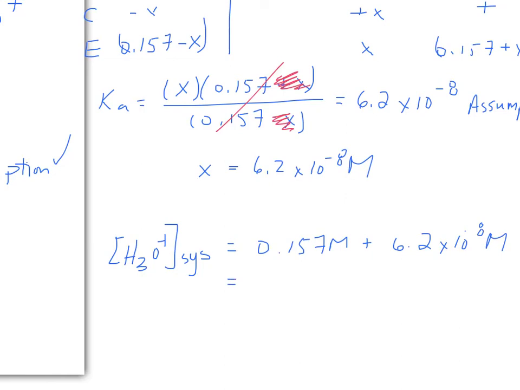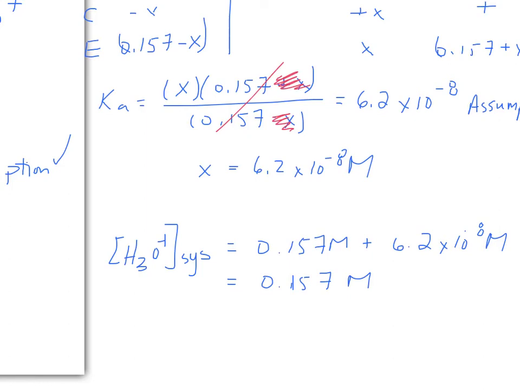If I add those together and take sig digs into account, the second donation is so tiny I only get 0.157 if I keep 3 sig digs.